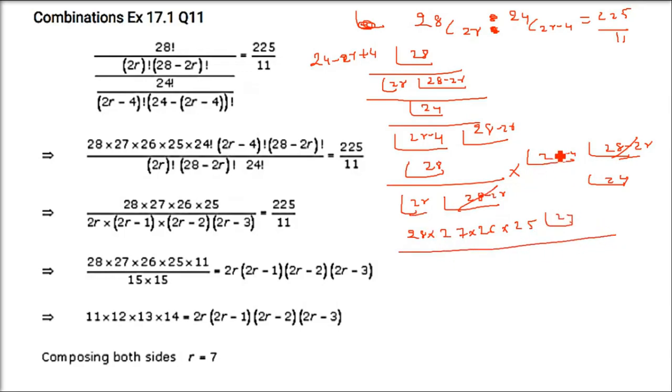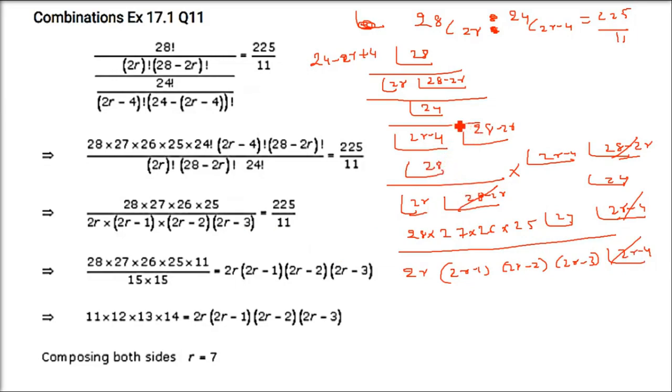And factorial 2r can be written as 2r, 2r minus 1, 2r minus 2, 2r minus 3, then you come to factorial 2r minus 4. This gets cancelled. 24 also gets cancelled.